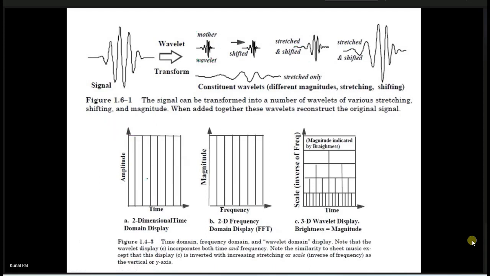Now, in the Fourier transform domain, we call it a spectrogram, because over there we are dealing with the frequency terms, because we are using sinusoids.